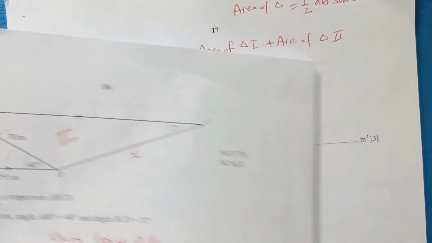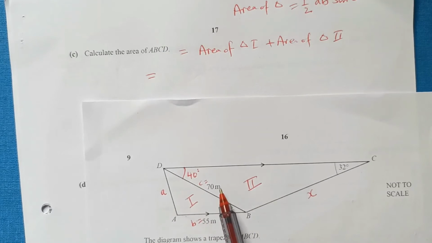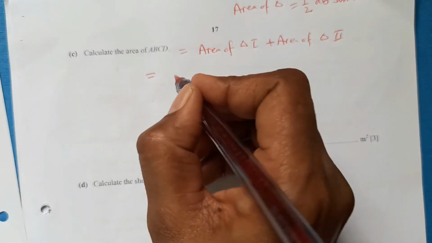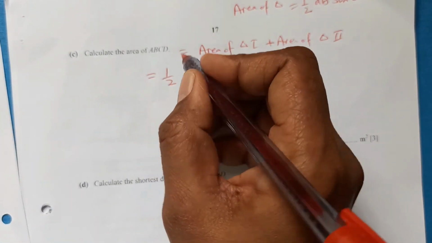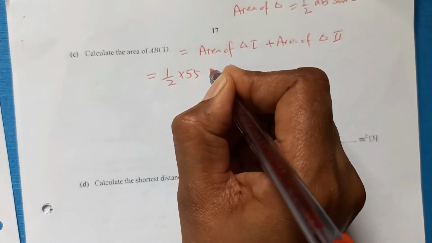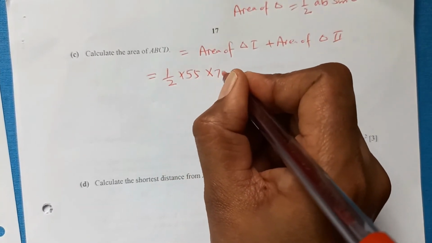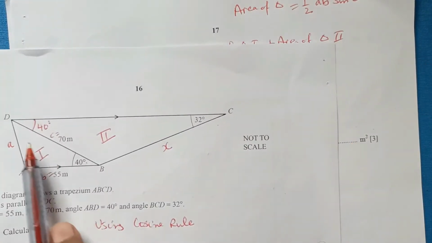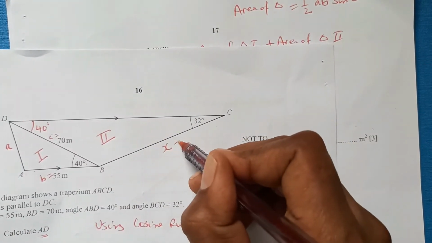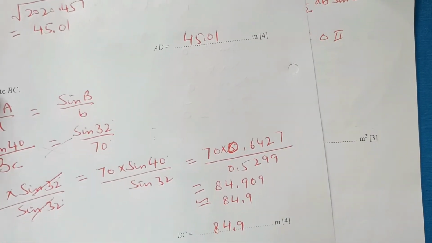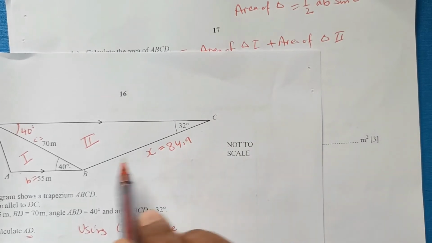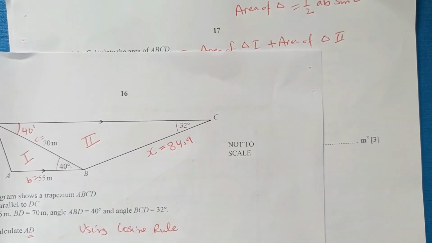For the first triangle, we have these two sides and this one angle here, so 40 degrees. So this will be half times 55 times 70 and sine 40 degrees plus area of this second triangle, and this value we have just calculated, 84.9.